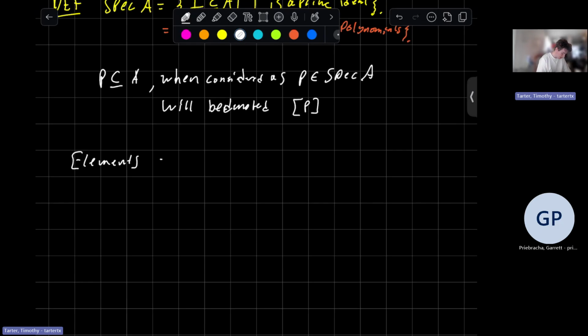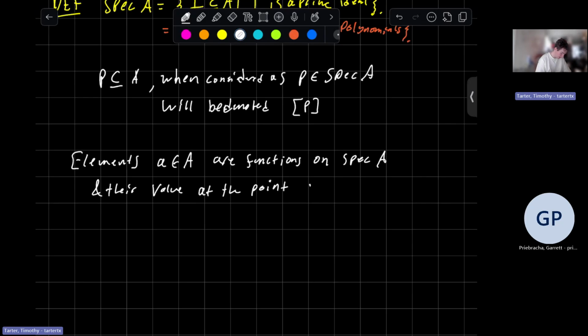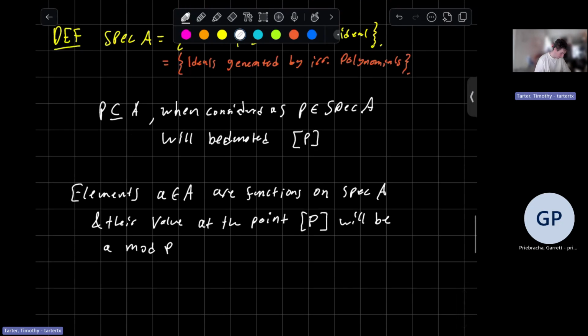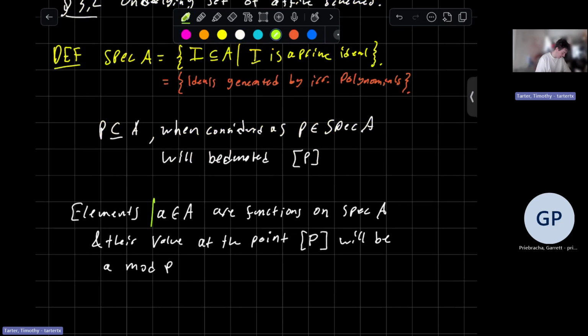Elements a in A are functions on spec A, and their value at the point P will be a mod P. So keeping track, this is a ring element.